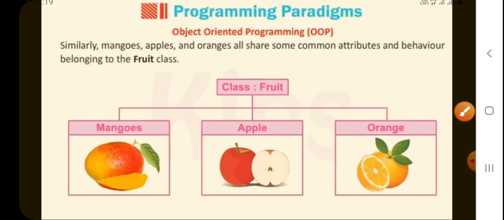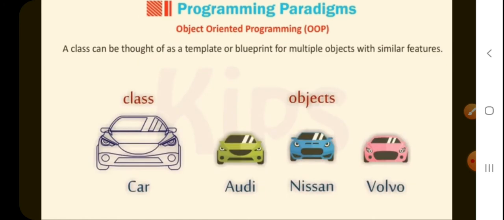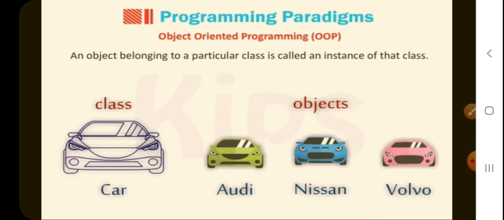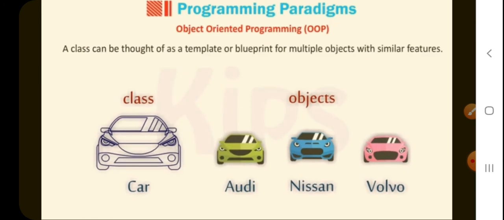Similarly, mangoes, apples, oranges all share some common attributes and behavior, and they can belong to the class fruit. A class can be thought of as a template or a blueprint for multiple objects with similar features.